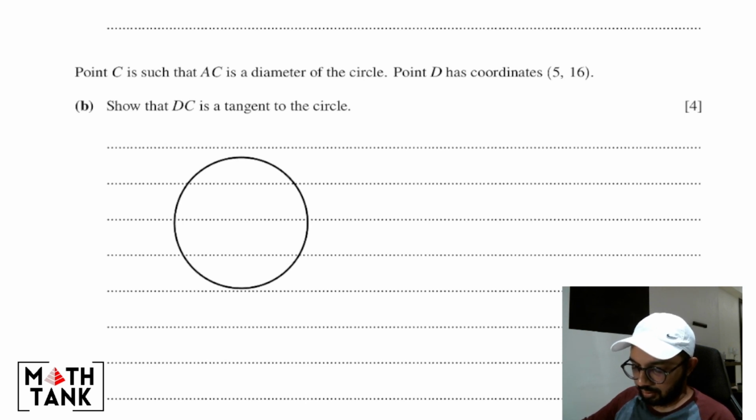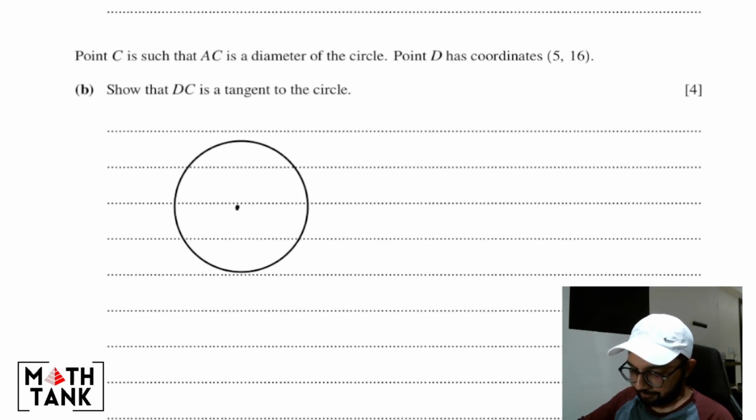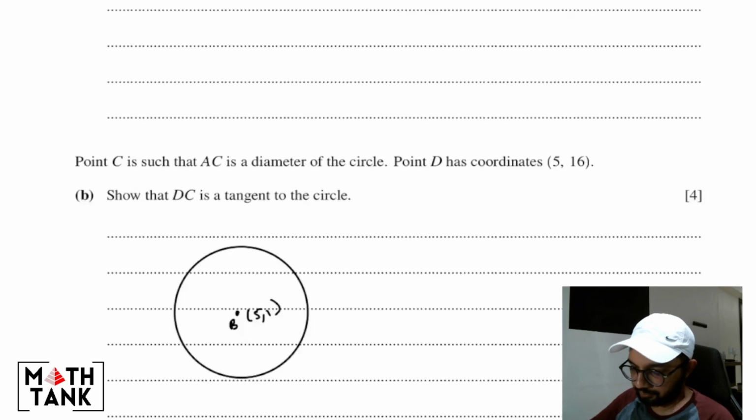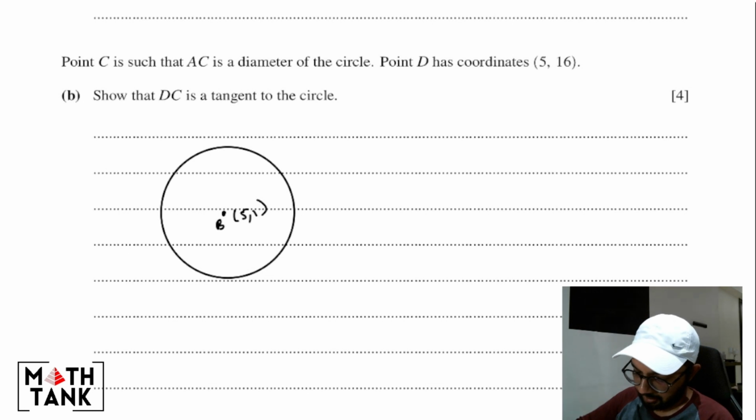Now let me just quickly jot down the things that are there. That's 5 comma 1. That's B. There's a point called A, which is minus 1 comma minus 2, which is probably here.